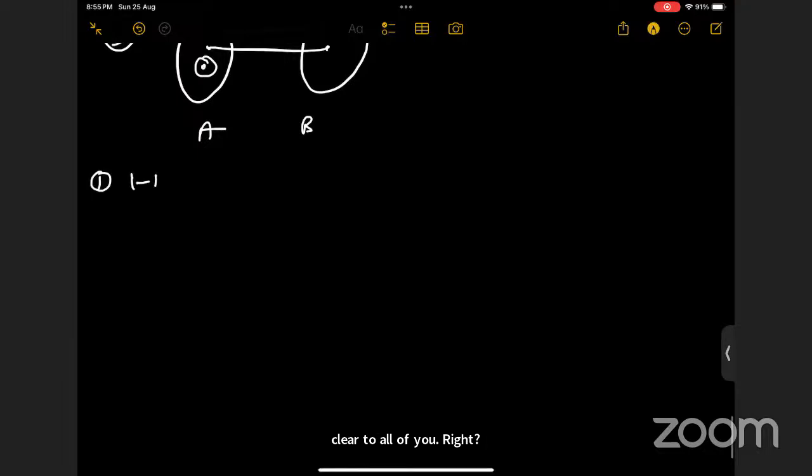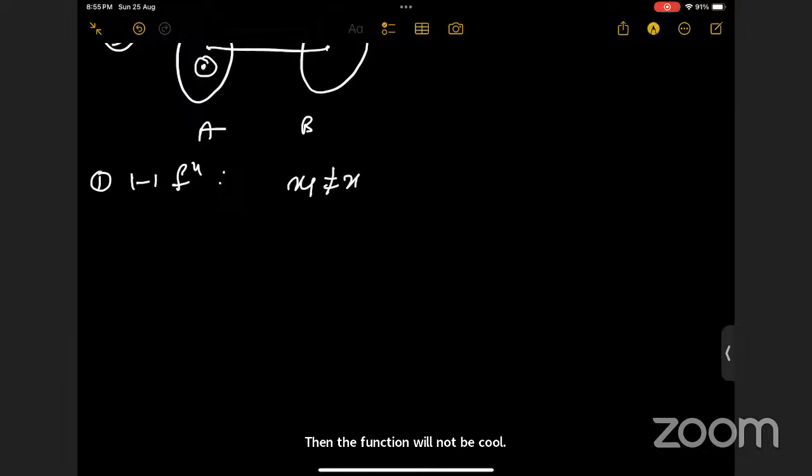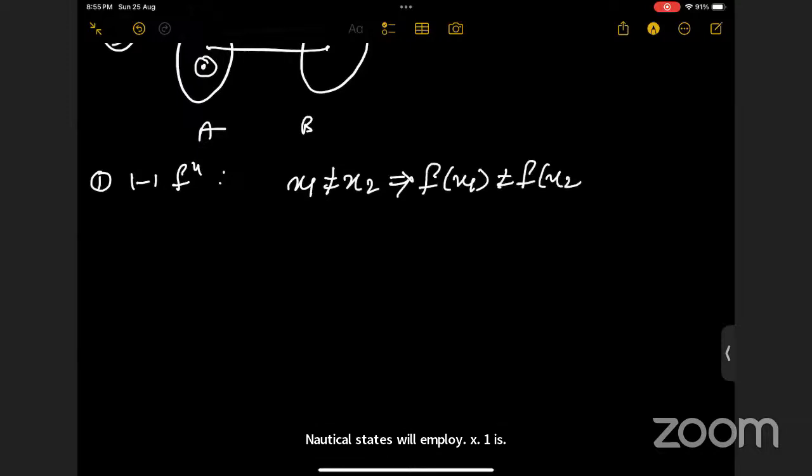So what was the mathematical definition for one-one function? If x1 is not equal to x2, then f of x1 is not equal to f of x2, right?